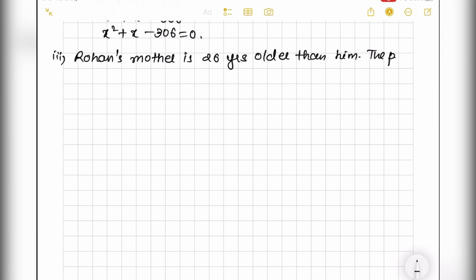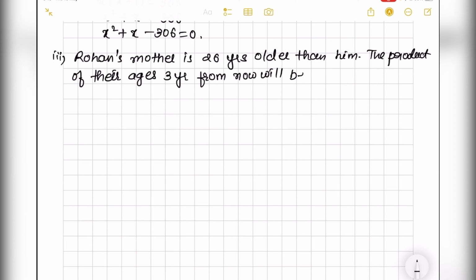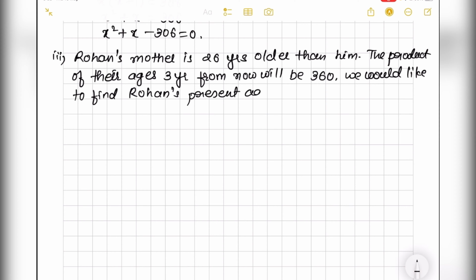The product of their ages three years from now will be 360. We would like to find Rohan's present age.